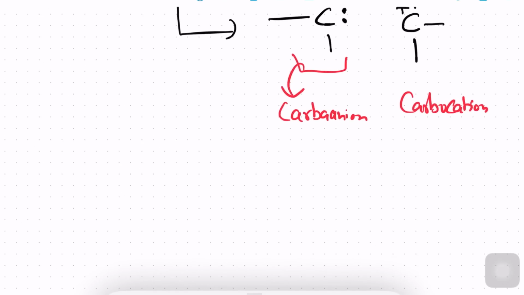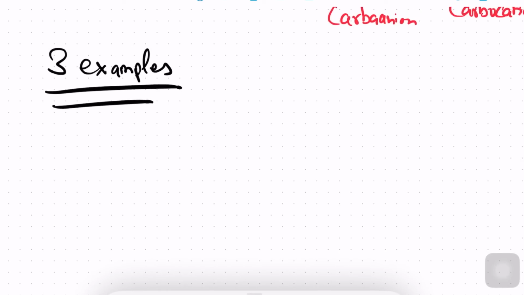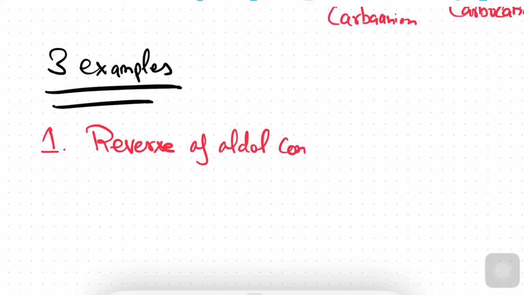Now I just want to give you 3 examples. You must remember these examples. The first is the example of reverse of aldol condensation reaction.